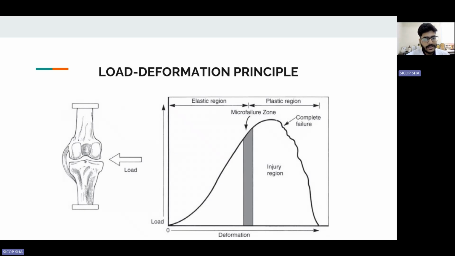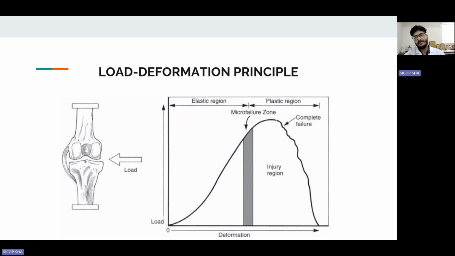To understand the physiology behind the running injuries, we'll be explaining the load deformation principle. So, whenever a soft tissue is under a load, if this load is under the elastic region, which means that it will get deformed for some time, and then over time it will come back to its original alignment. So, if the stress is under elastic region, then it's fine.